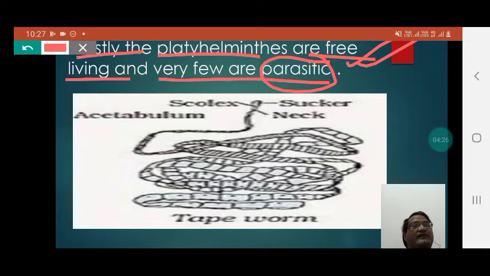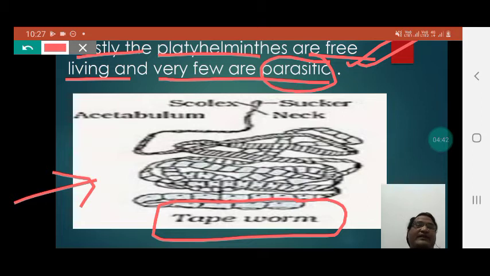So students, we can understand the concept of platyhelminth with the help of this picture. This picture is of a tapeworm. In this tapeworm we can easily find the suckers and the scolex.